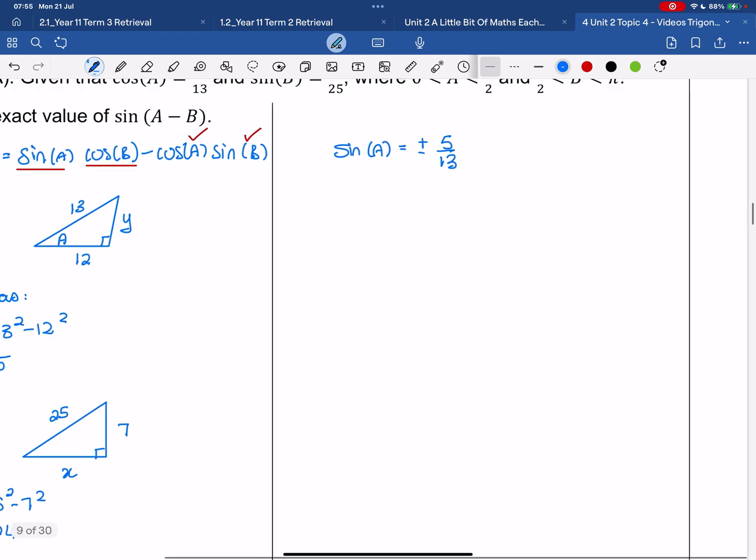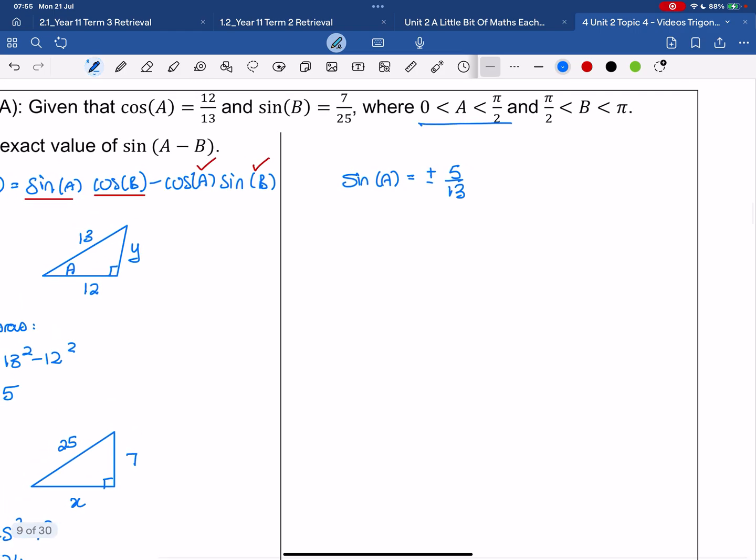But then I need to look at my domain for A and say, well, if A is between 0 and pi on 2, sine of A will be positive. So therefore, sine of A is going to be positive 5 over 13.